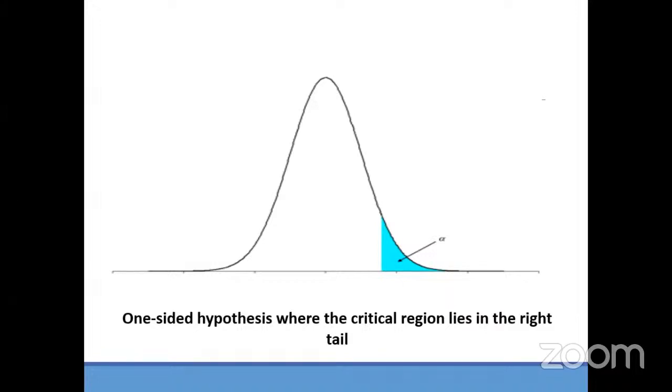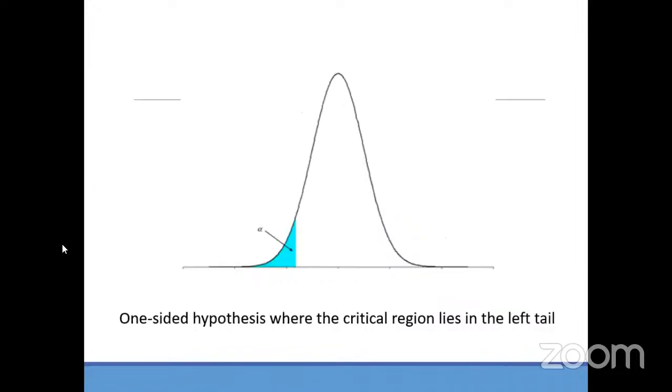Sir, less than or equal to, sir? Yes. If the null is less than or equal to, then the alternate will have a more than sign. So this is a case of the null hypothesis having a less than equal to sign, right? Similarly, for the next part, you can easily determine that in this case the null has a more than equal to sign, right?